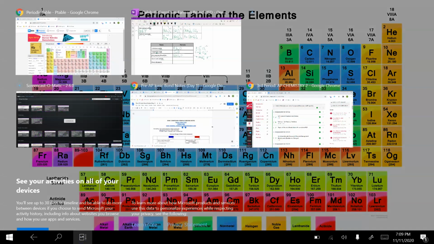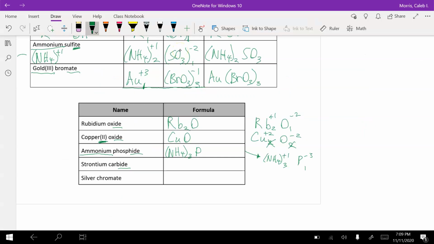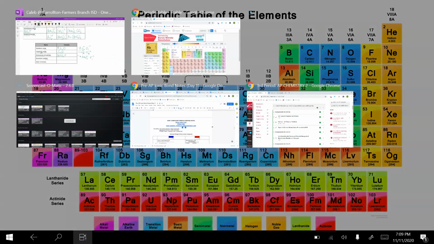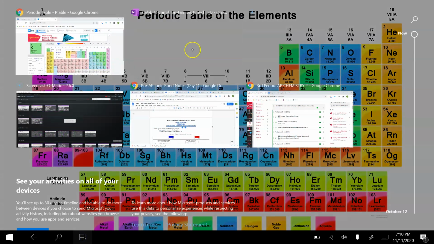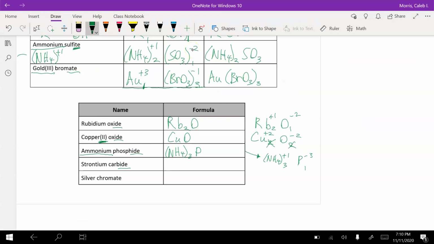I'm looking for Sr, strontium. So I'm looking for strontium, which has a positive 2 charge because it's in group 2a. Strontium, and it was carbide, so carbon, which has a negative 4 charge. We have 0, negative 1, negative 2, negative 3, negative 4 for carbide. So Sr is positive 2, carbide is negative 4.